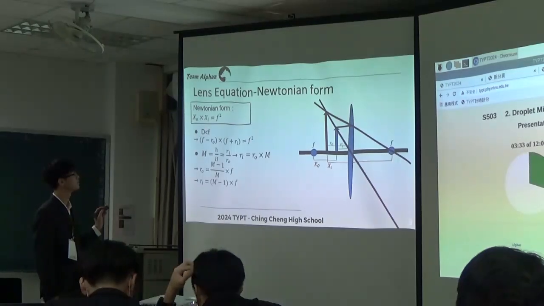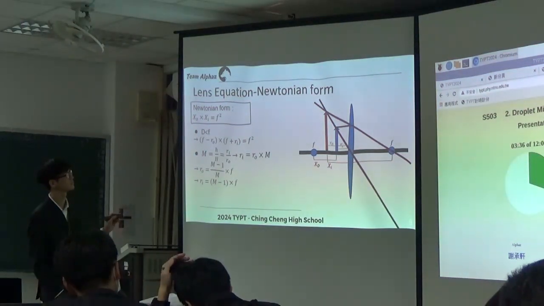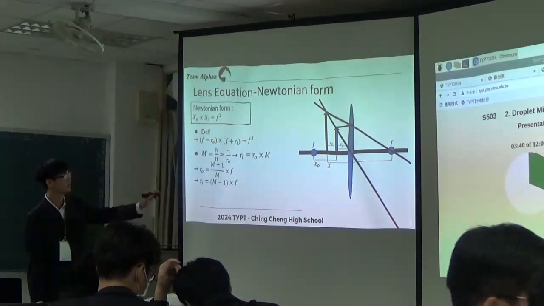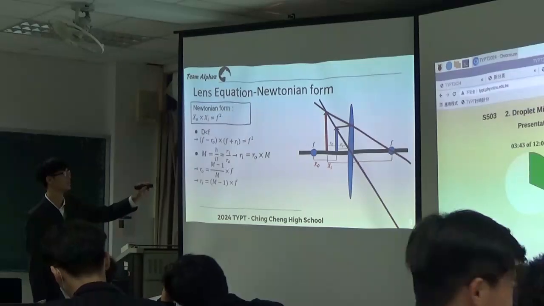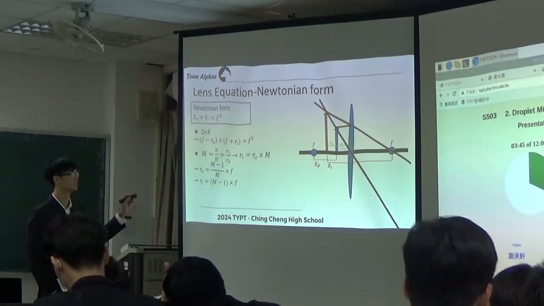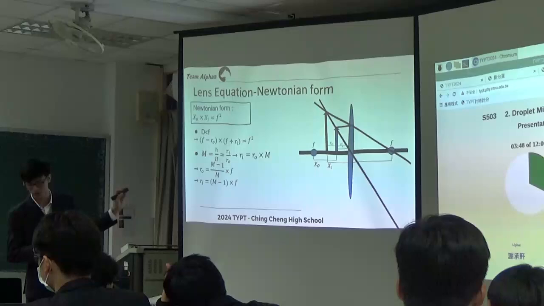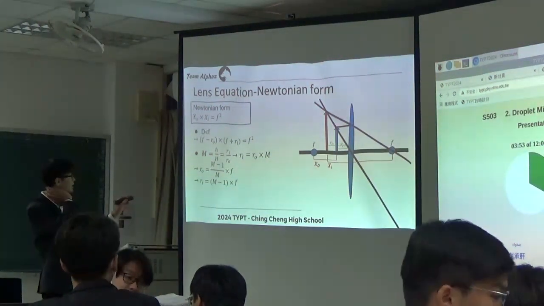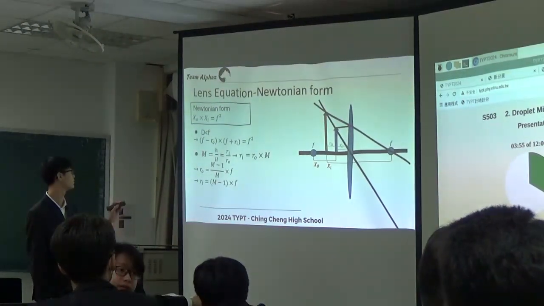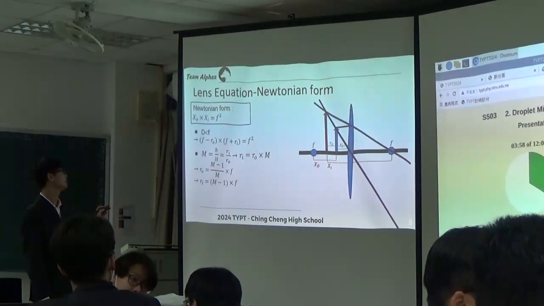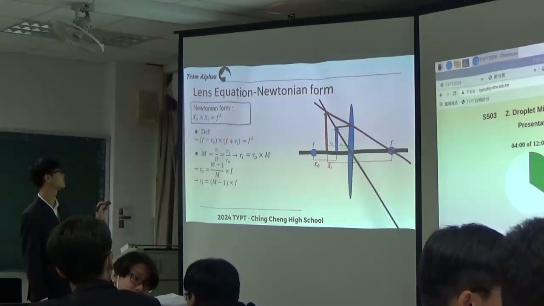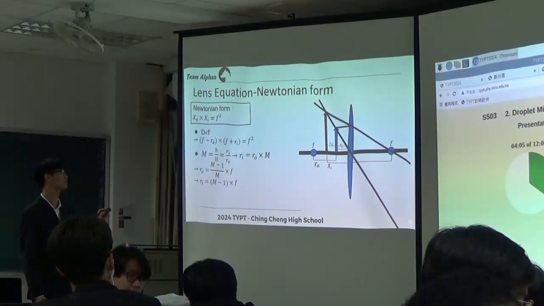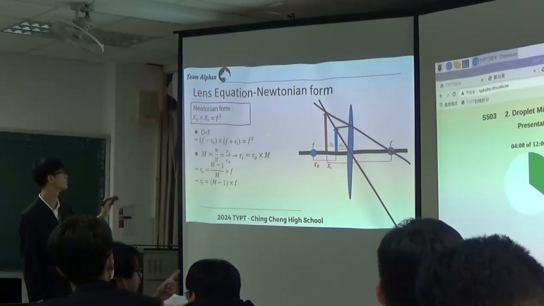Our Ro is smaller than the focal length, so the coordinate is negative, so this is minus x. So then we can make this form: (f minus Ro) times (f plus Ri) is equal to f squared.